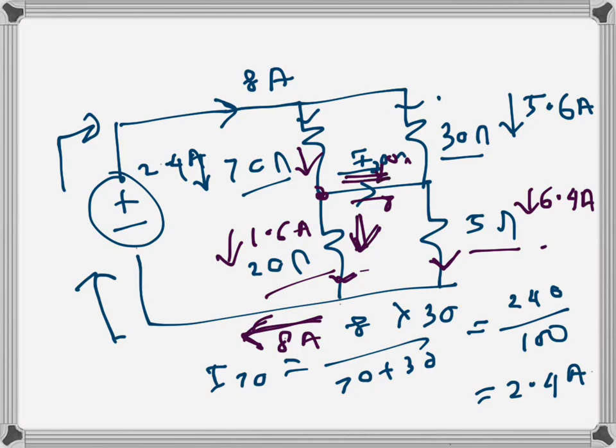So I naught we can find by applying KCL at either of these nodes. So first I will apply here maybe. So 2.4 is coming here, and it's divided between this branch and this branch, I naught and 1.6 in the 20 ohms branch.